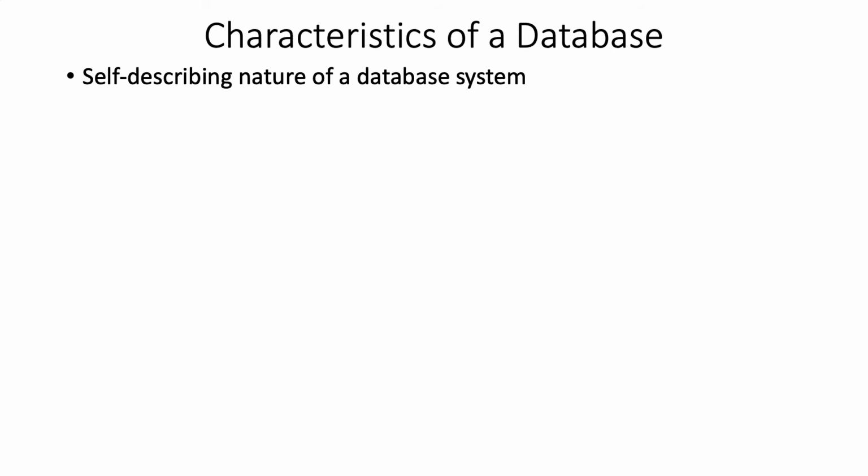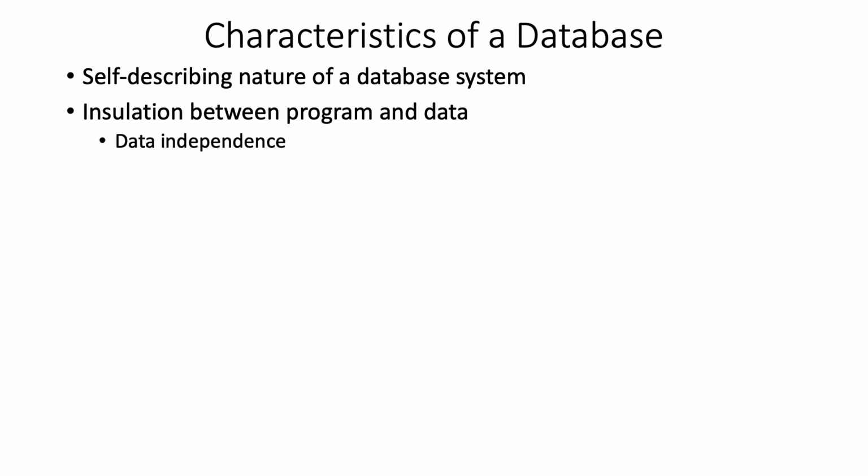The characteristics of a database: its self-describing nature of the database system. By that, the database actually holds tables, which lets it know how you're structuring your data. So you're insulated between the program and the data.